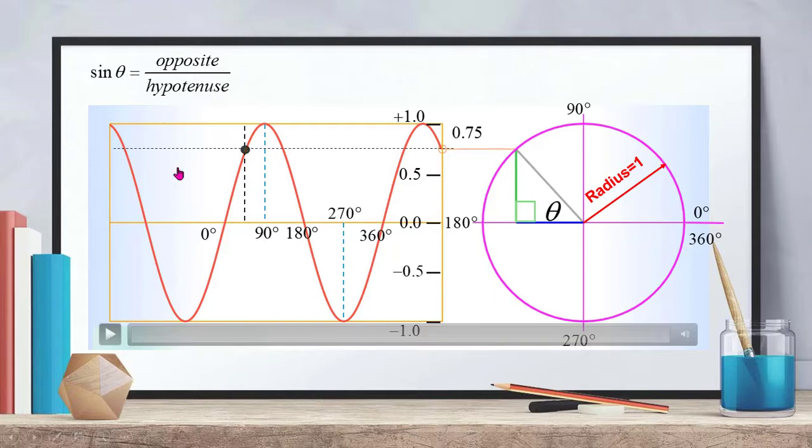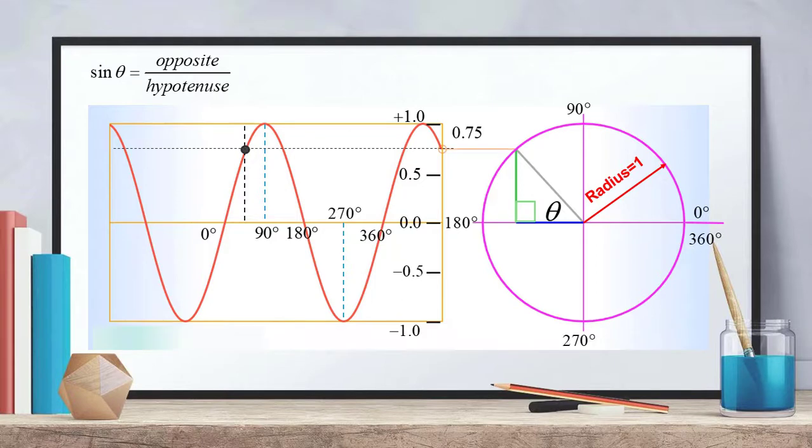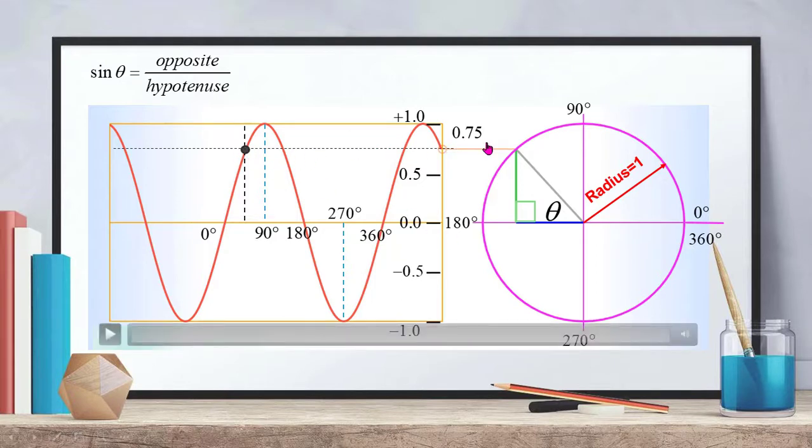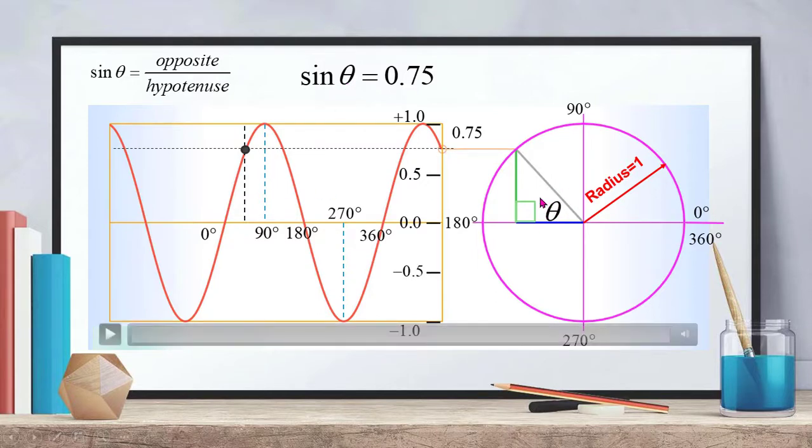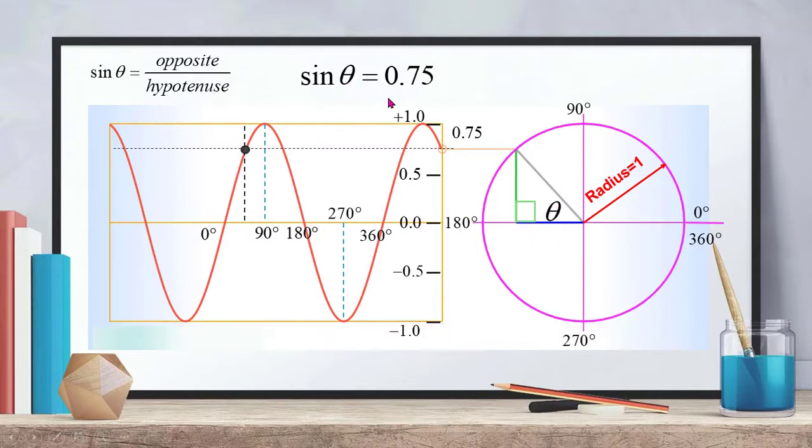But I want you to pay particular attention to one point on a curve. At this point on the curve, the value is equal to 0.75. The value of the sine, the value of the curve, is 0.75. So we are saying that the curve at the angle theta is giving us 0.75.